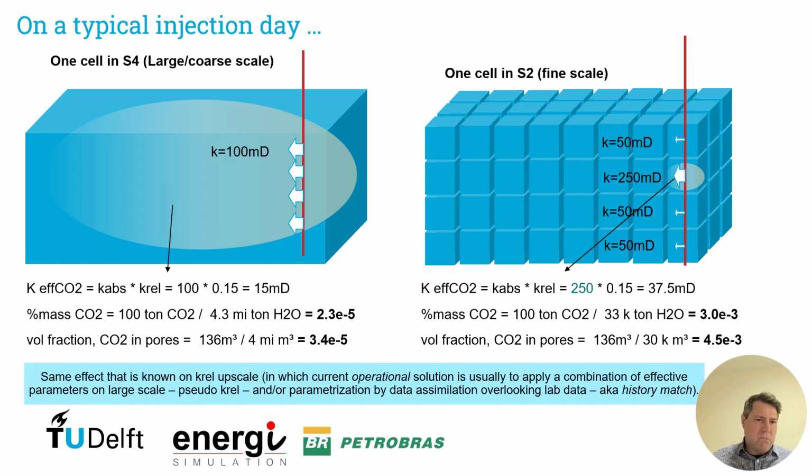So basically, on the left side, I can say that perhaps all the CO₂ is going to be dissolved in water, and perhaps not all of it is going to be dissolved on the right side. So there is a clear tendency here to overstate the solubility in coarser models.